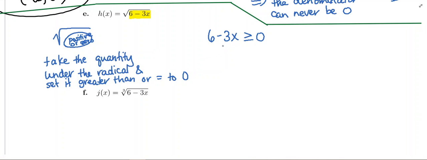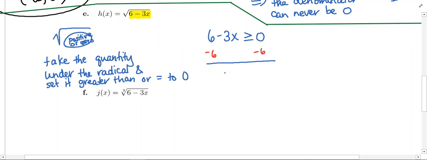To solve a linear inequality, you're going to solve it pretty much like you would a linear equation. You want to get the variable, the x here, all by itself on one side. I am going to start by subtracting 6 from both sides. This gives me negative 3x is greater than or equal to negative 6.